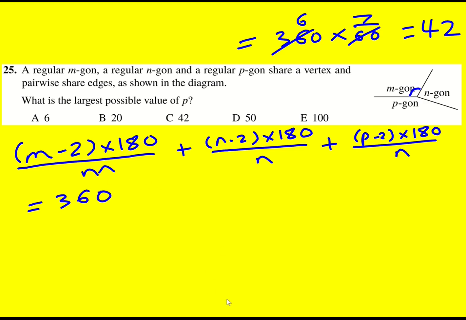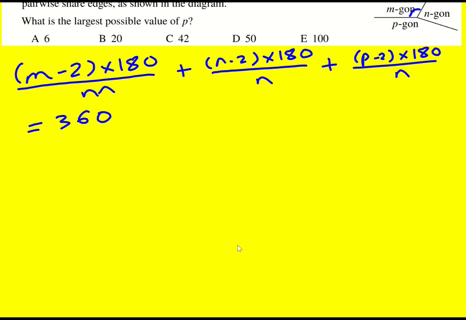Okay, now that looks awkward, but as always, we can play around with these things and simplify it. So I'm going to first of all just divide through by 180. This just becomes 2.